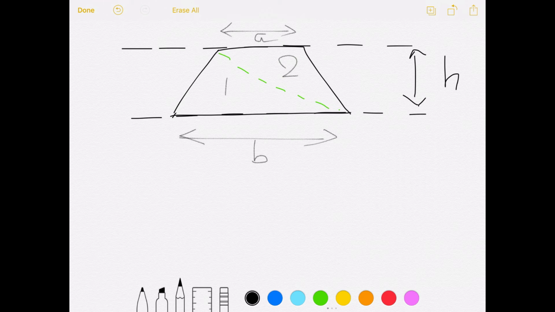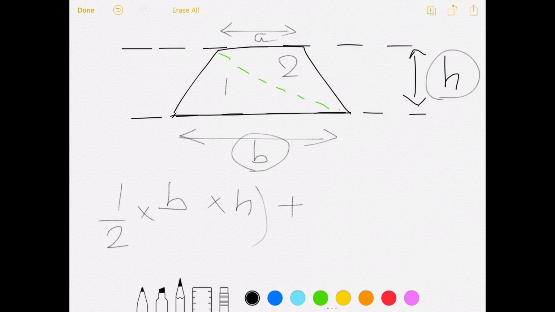If you want to find the area of triangle 1, according to the formula, it will be half multiplied by the base of the triangle, which is B, multiplied by the altitude, and the altitude is equal to what? H. Plus, I want to find the area of the whole trapezium, that is why I'm adding the area of triangle number 2.